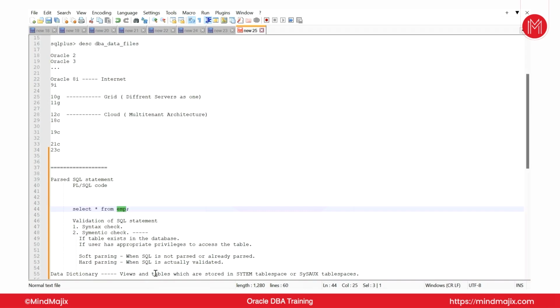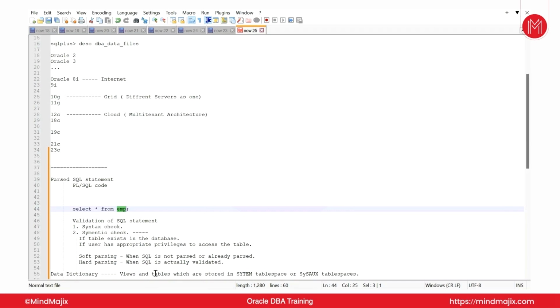So the data dictionary holds the metadata of the data. Does the employee table exist? Yes, it exists. Is it part of user one? Yes, it is part of user one. Does user two have the access? There are many views or tables which hold this data.